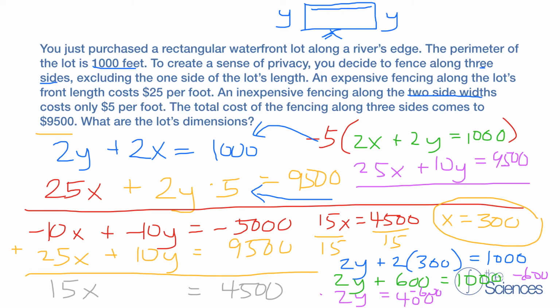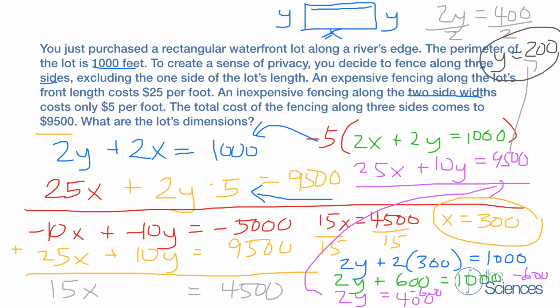So now we have 2y equals 400. Divide both sides by 2 to isolate our variable, and we get y equals 200.